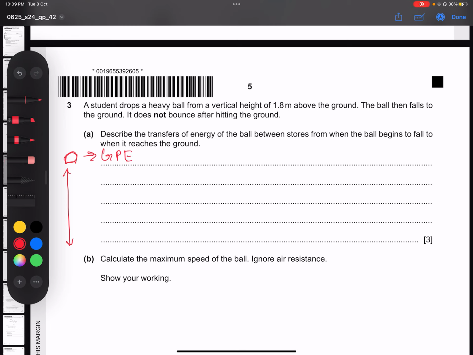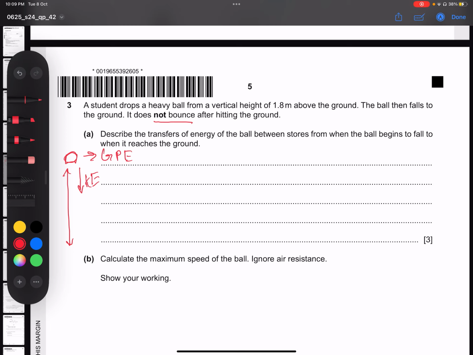Once the ball falls, this GPE is converted into kinetic energy, which is the energy associated with any form of movement. And when the kinetic energy of the ball is at maximum, which is right before it falls on the ground, you can also see in the question that it's clearly mentioned it does not bounce.